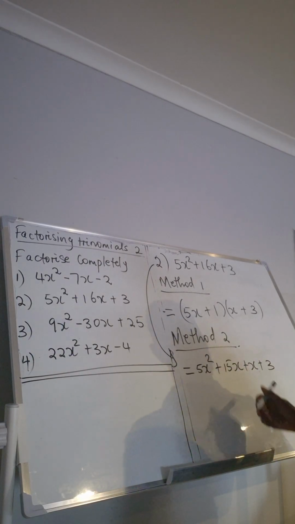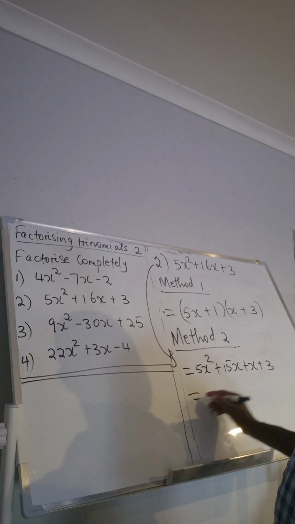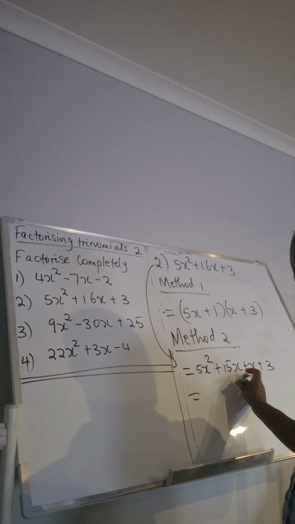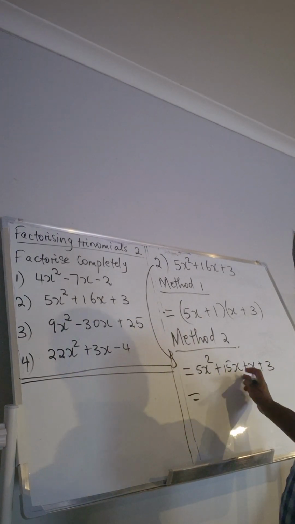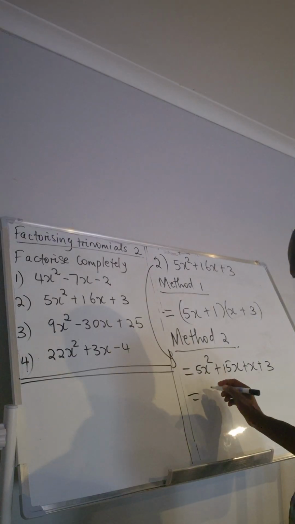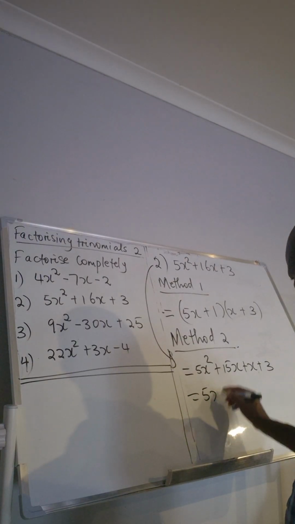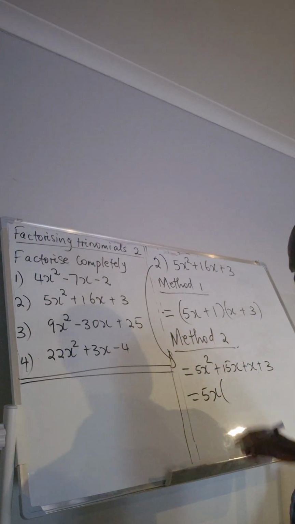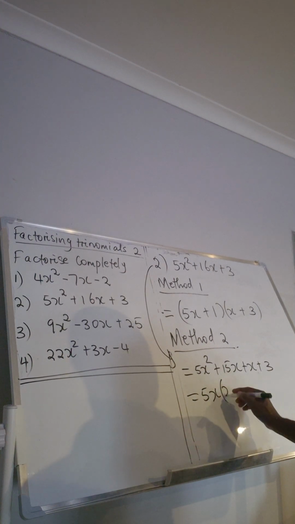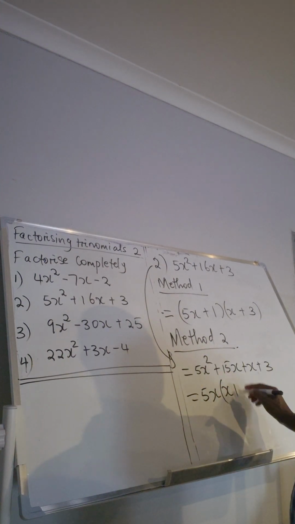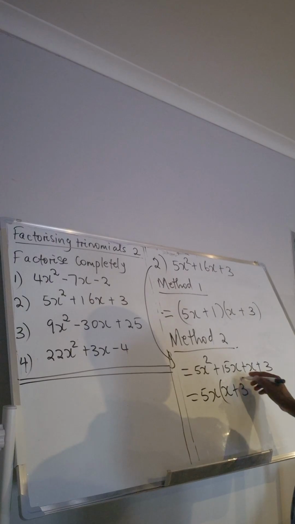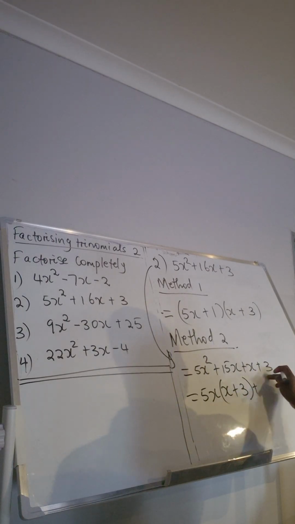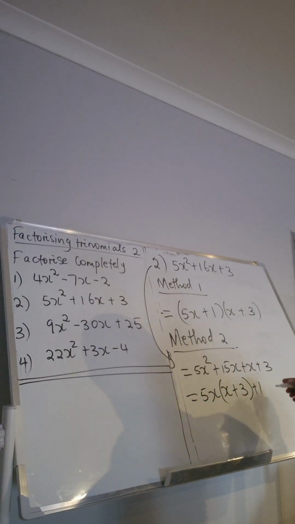Right? Now, this one has been broken. So group 2, this side, the highest common factor is 5x. Then you do the division as usual. x plus 3. Then here, obviously the highest common factor is 1.